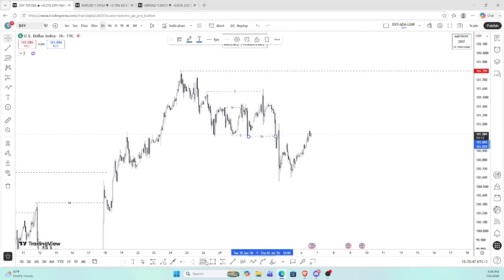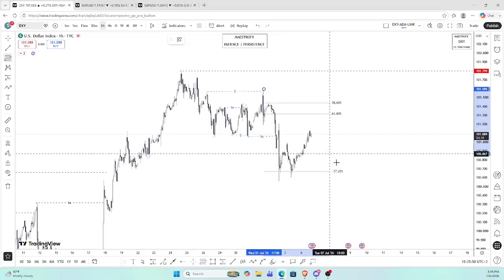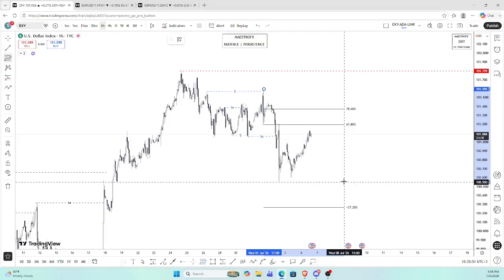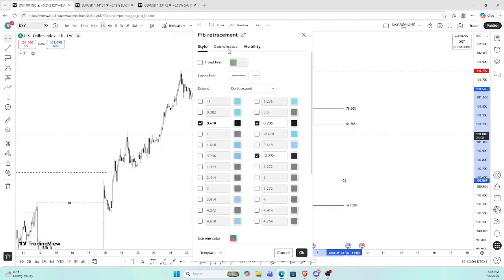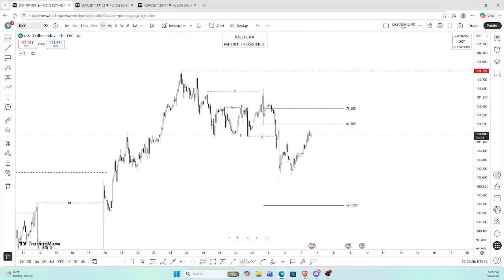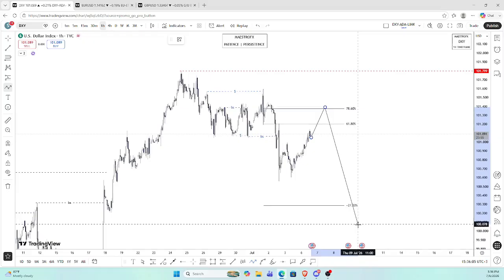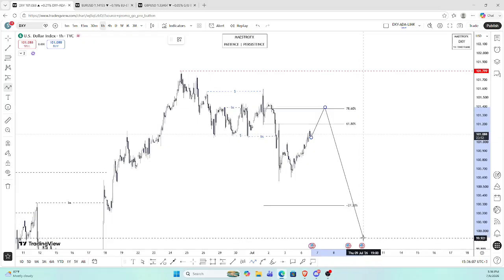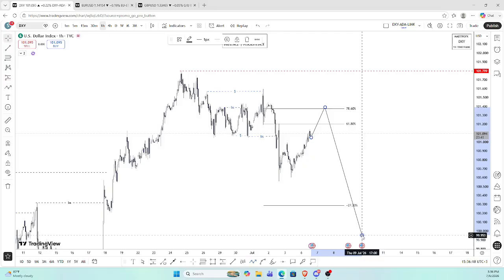And so yes, we can have a deeper correction to around these levels, which will then push the prices lower, and that will be in line with our higher time frame analysis. So yes, that's my analysis on DXY.